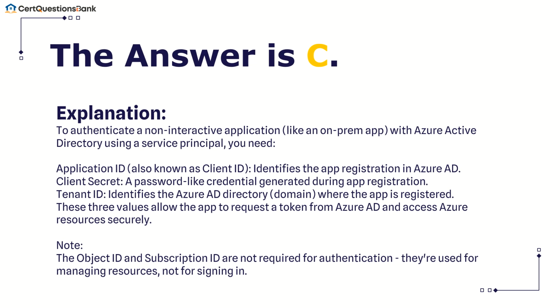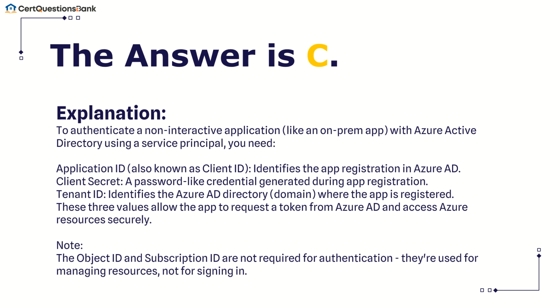The answer is C. To authenticate a non-interactive application, like an on-prem app, with Azure Active Directory using a service principal, you need: Application ID, also known as client ID, identifies the app registration in Azure AD. Client secret, a password-like credential generated during app registration.